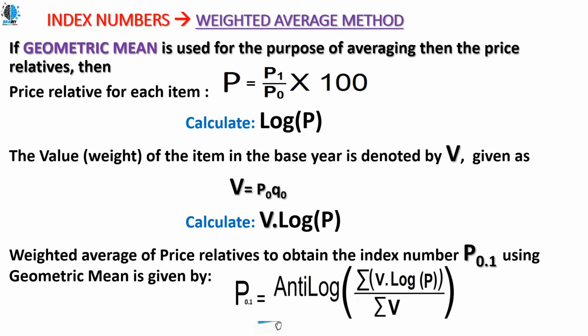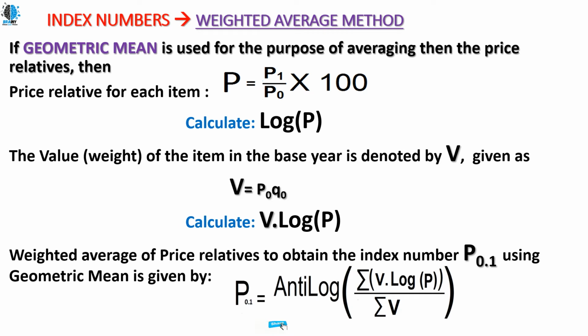The weighted average of price relative to obtain the index number of the current year based on the base year using geometric mean is given as the antilog of the summation of the product of our values and the log value of our price relative, all divided by the summation of all the weight values.